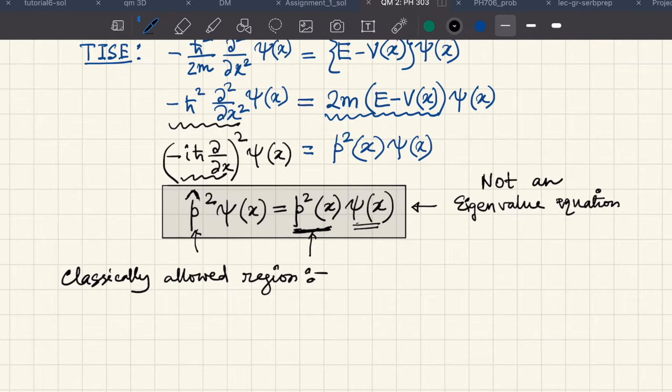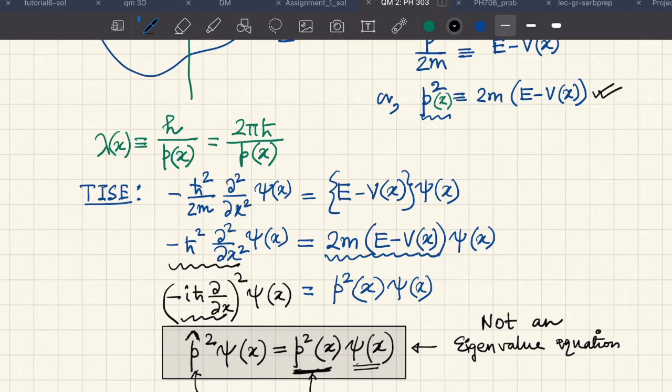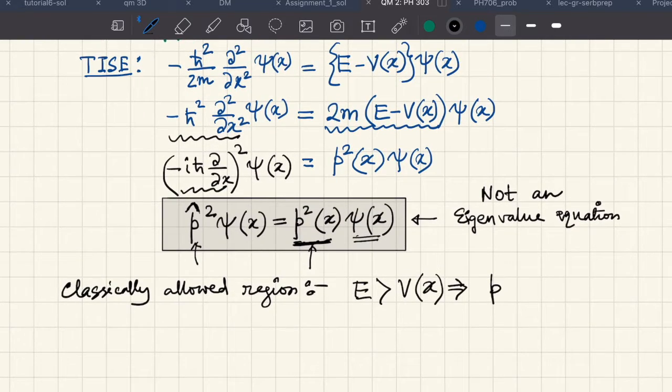The classically allowed region will always have the energy E greater than the potential, and therefore this will always imply, if you look at this expression, that if E is greater than V(x), then p² will always be positive.